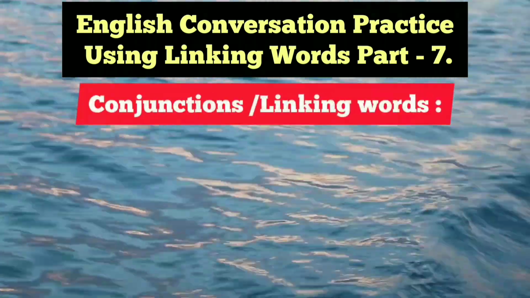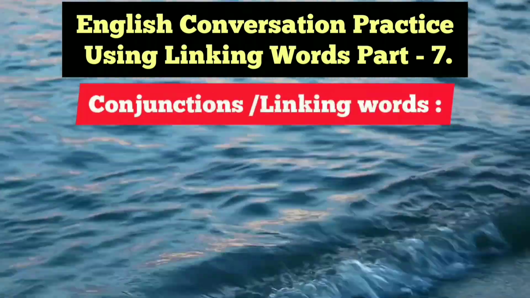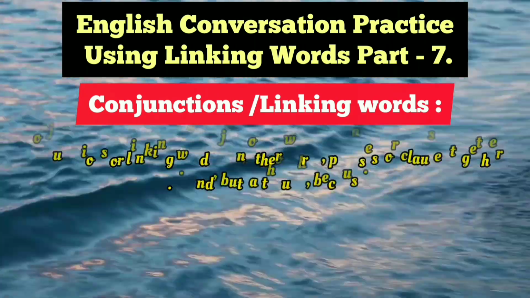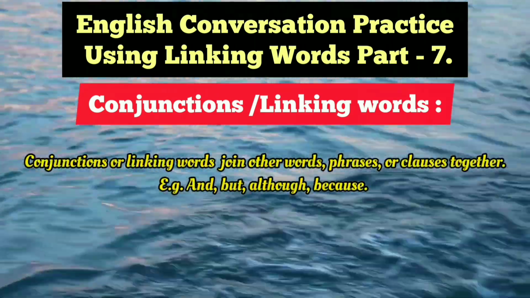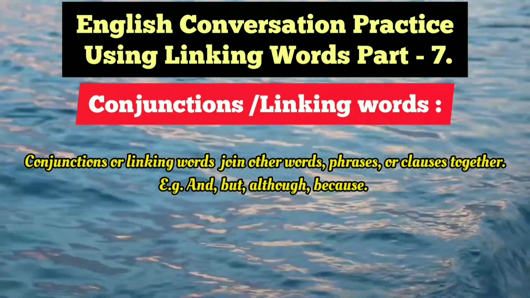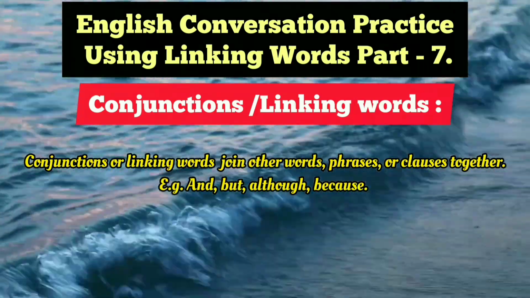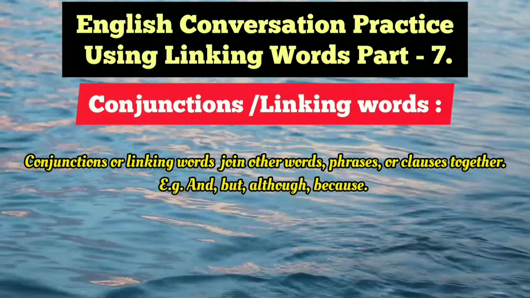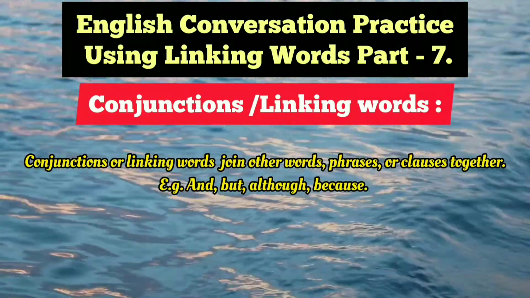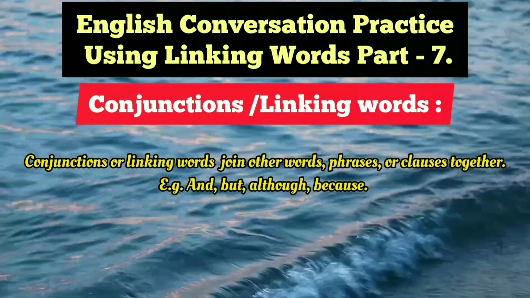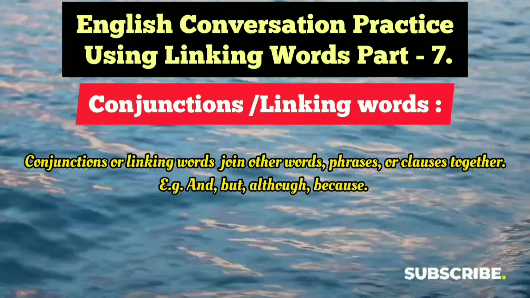So friends, before I move ahead, as I already promised, I'm going to give you a brief idea about conjunctions or linking words. As you see on your screen, linking words are also called conjunctions. Linking words or conjunctions help us to join other words, phrases or clauses together, because we cannot make 5-6 separate sentences.